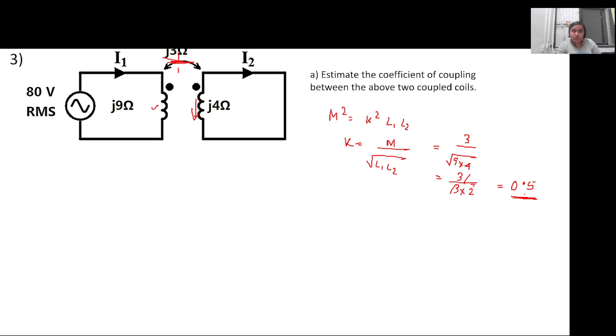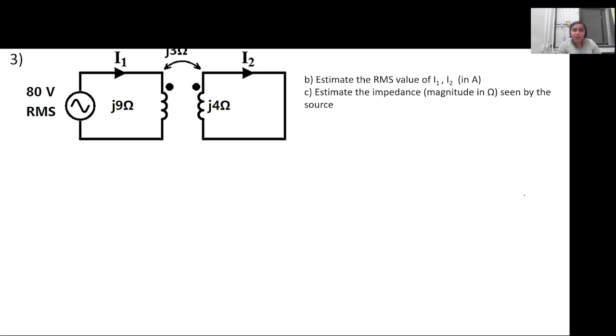Now let's look into the problem. We have calculated the coupling coefficient. Now we have to estimate the RMS value of I1 and I2 and estimate the impedance magnitude in ohm as seen from the source, that is, the impedance this source is seeing with respect to the rest of the circuit. These two we have to calculate. We have done two different problems in such a way to calculate I1 and I2, so I hope you will be able to do it now.